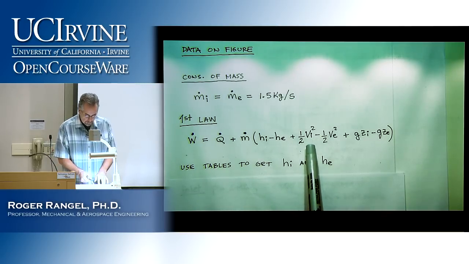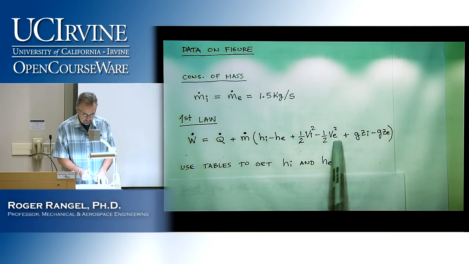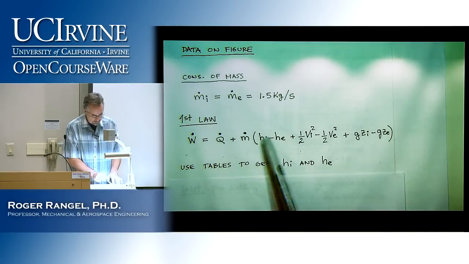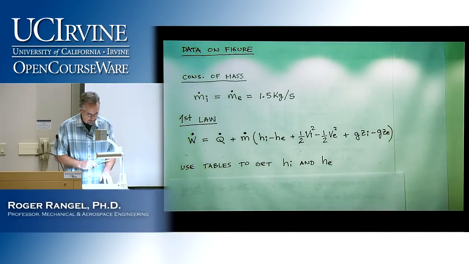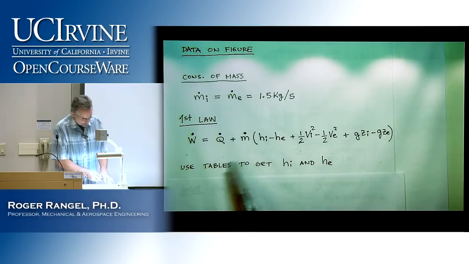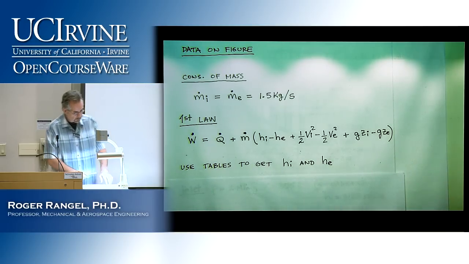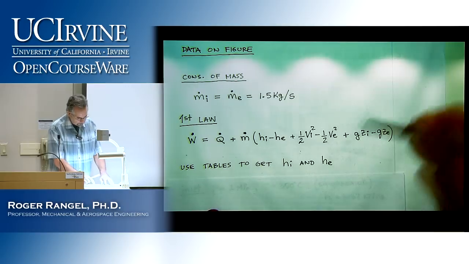Looking ahead, we know that we can compute the kinetic energies because we have the velocities, and we can compute the potential energies because we have the heights. So the only thing that is really left is these enthalpies. And as I note here, we can get those enthalpies at the inlet and the outlet from the water tables.